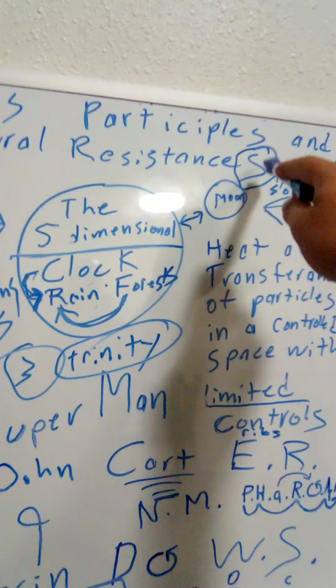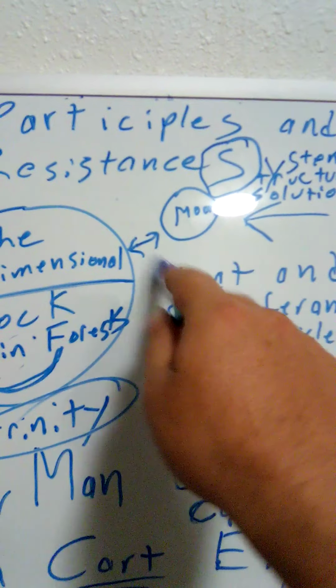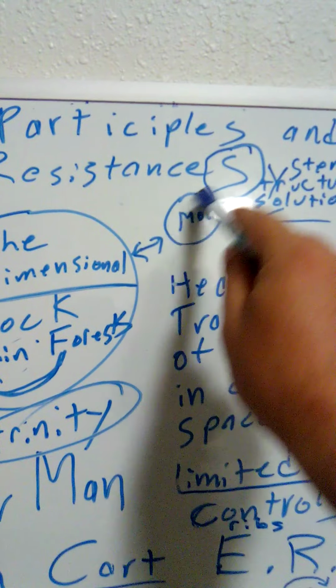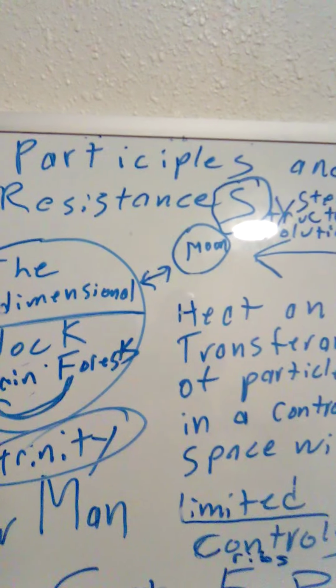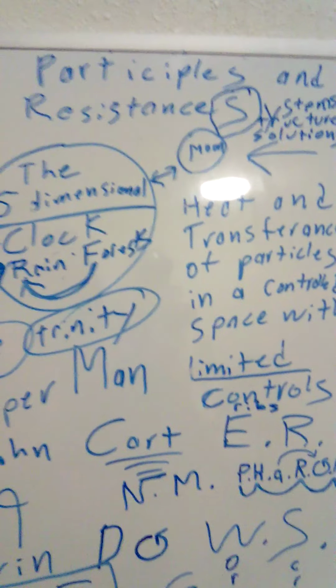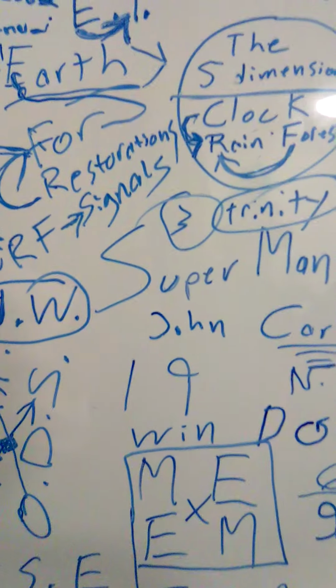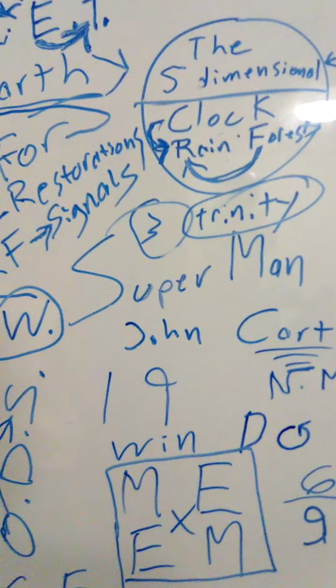See the MS? Now, the moon is a light in the darkness, making new systems, structures, and solutions. So, like new ideas. See? Now, if you pay attention, you'll find that the S3 technology, the sun for the Trinity, is Superman, or Solutions Media.